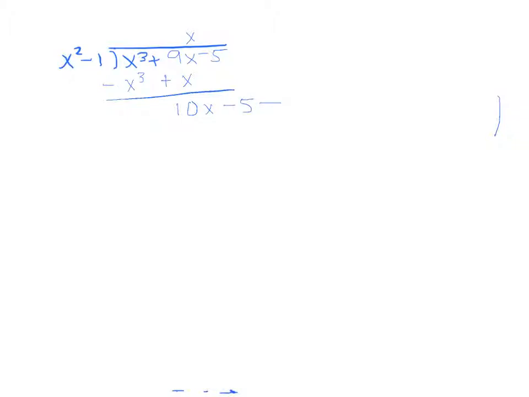That is my remainder. So when I write this as what times what, I would have x squared minus 1 times x, and then 10x minus 5 over x to the third plus 9x plus 5.